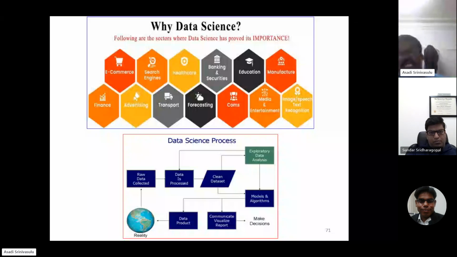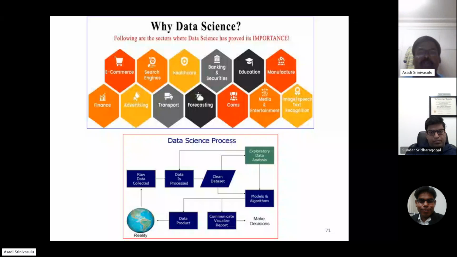They are taking voting systems or opinion mining from them, analyzing it, and using a recommender engine. That is one more way of using data science in the e-commerce business. Then they are using it in advertisement, transportation and search engines.